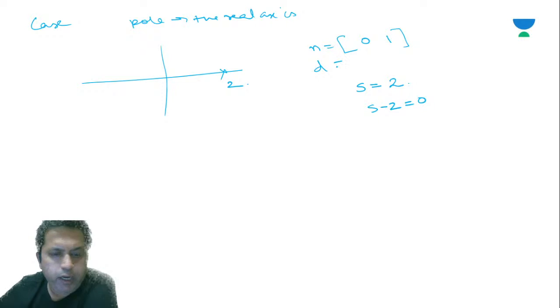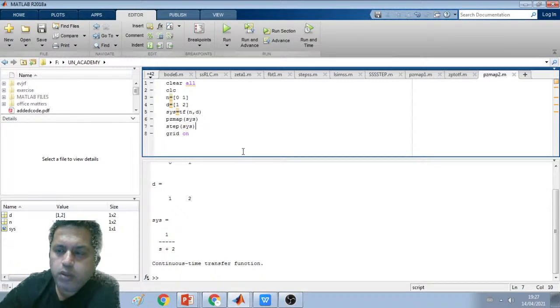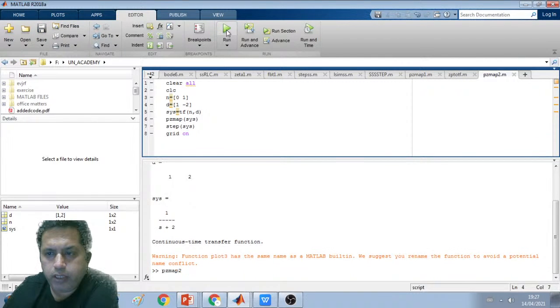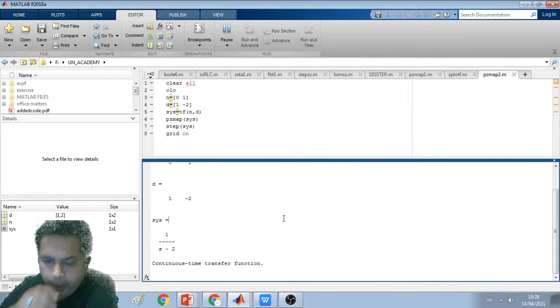So the denominator is 1 space minus 2. Save it, then run this one again.